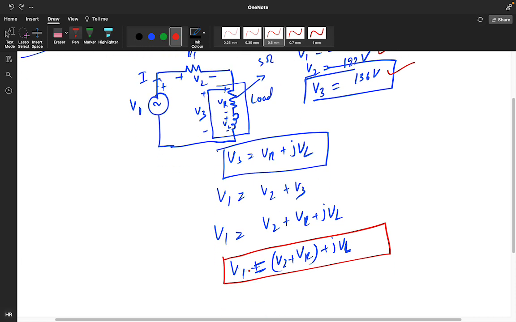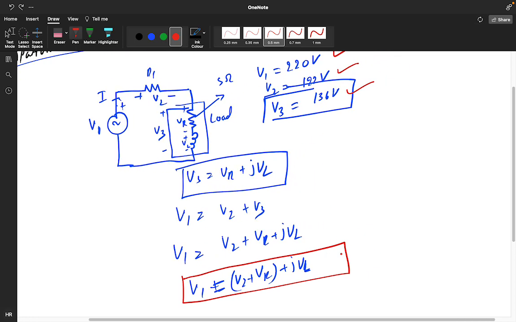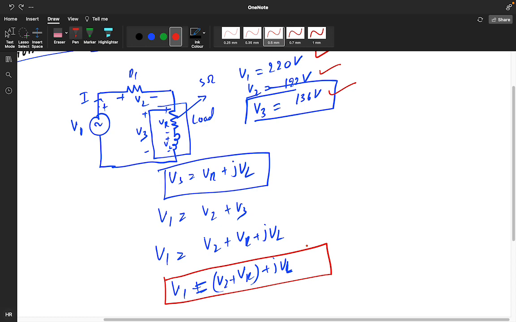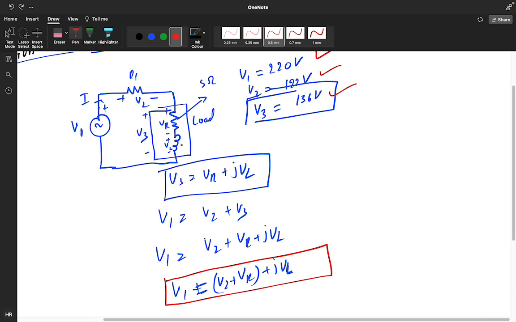You have the V1 value, you have the V2 value, you have the VR value, you have JVL, and this particular resistance you also have.